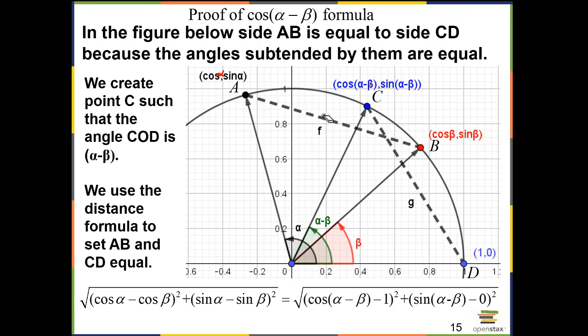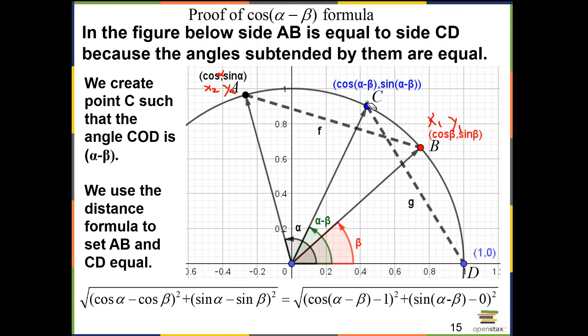And we know the distance formula is like, if you have 2 points, x1, y1, and x2, y2, then it's x2 minus x1 squared plus y2 minus y1 squared, and then you take the square root. So to write the distance from here to here, we write the square root of cosine alpha minus cosine beta squared, and then sine alpha minus sine beta squared, if you assume this is x2, y2, and this is x1, y1.